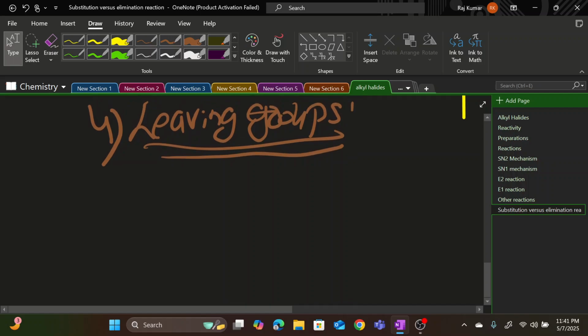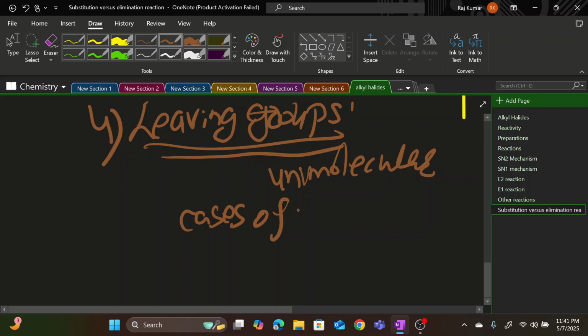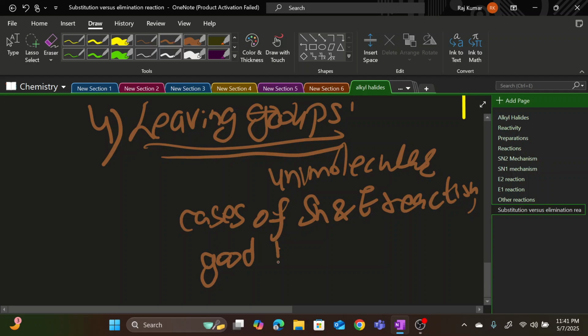In unimolecular cases of both SN and elimination reactions, leaving groups should be good. Good leaving groups preferred.